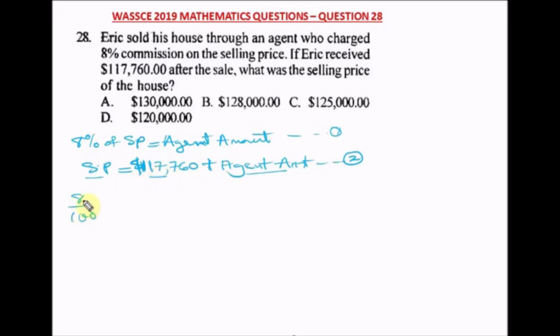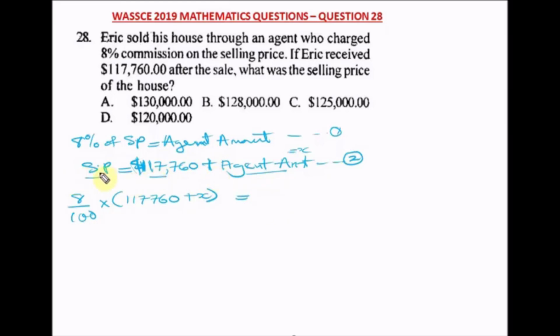So 8 over 100 times the selling price, which we know as this, bracket 117,760 plus x. Let's make our agent amount x so it doesn't take space. So x is equal to our agent amount.